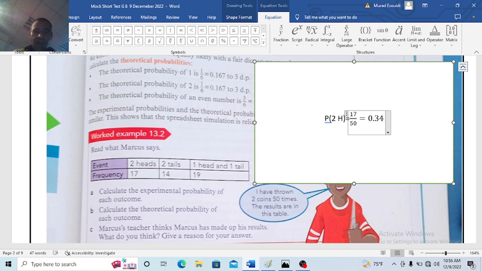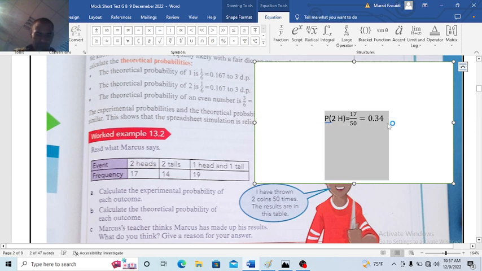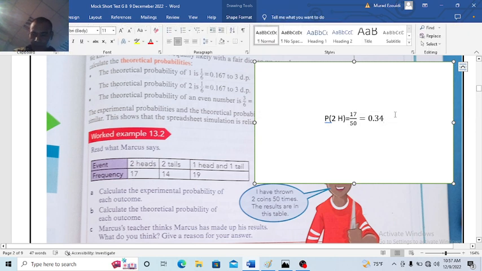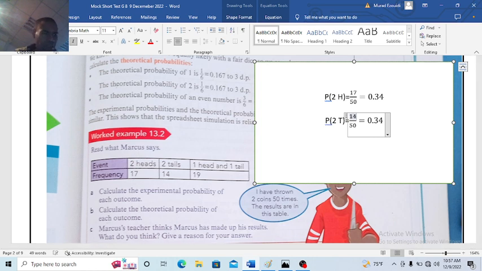Clear? Now the probability of getting 2 tails. I will just write capital T. It will be 14 divided by 50. So 14 divided by 50 is 0.28.